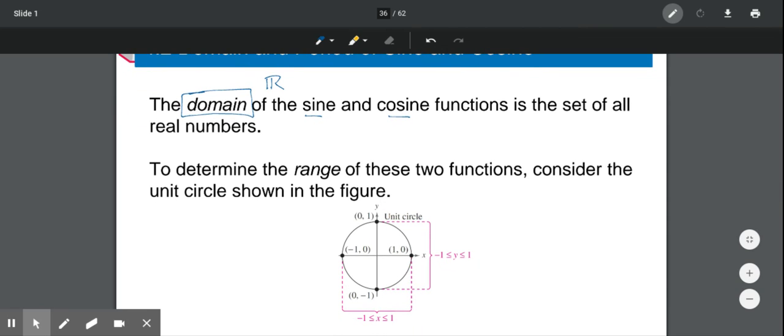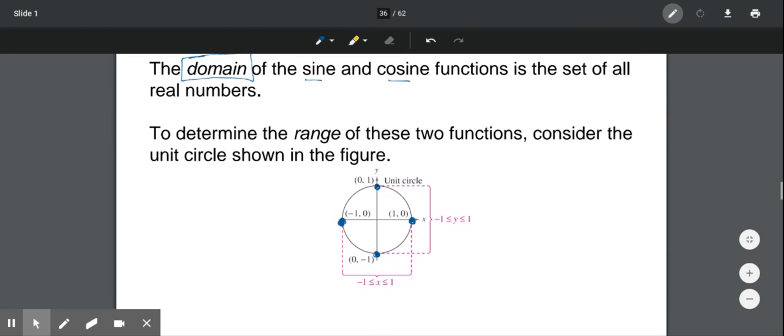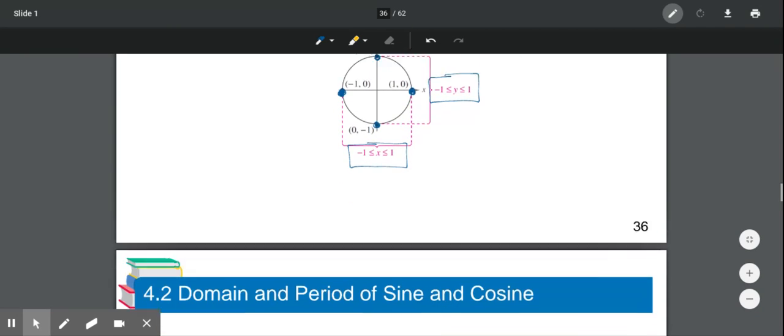And in this case, because your unit circle has a radius of 1, your x values go from negative 1 to positive 1, and your y values go from -1 to +1. So the range would just be -1 to 1 for your sine and your cosine. So the range, we would say, is from -1 to 1, and it could include the -1 and the 1.